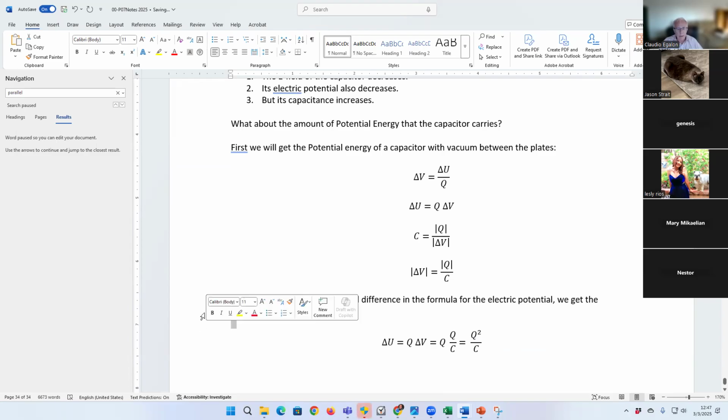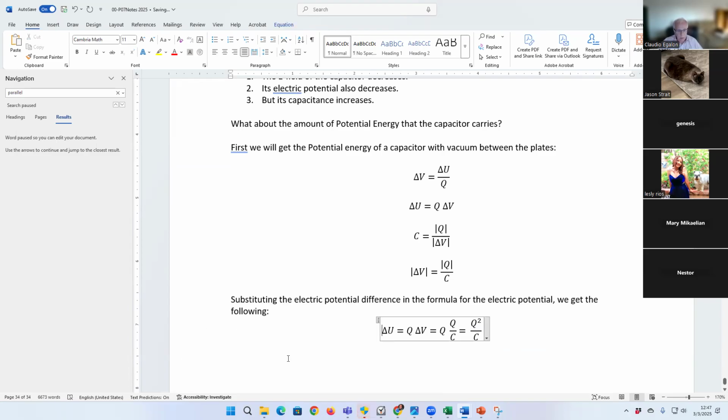Now there is a warning here. This is not quite correct. This is not quite the correct result, okay, folks? The actual correct result is slightly different than the above.